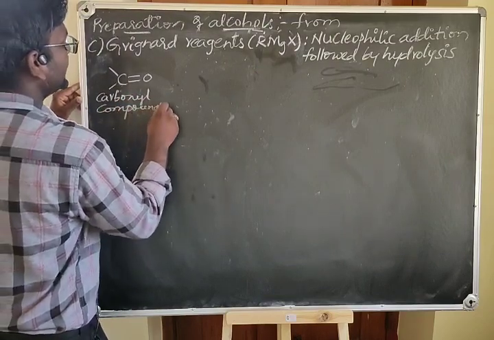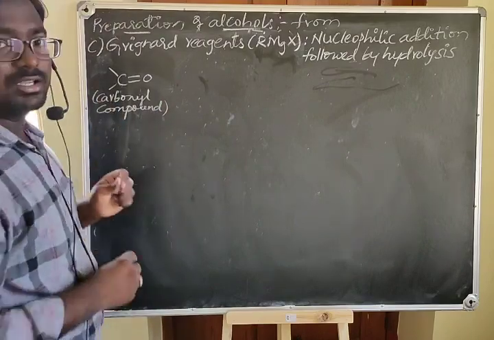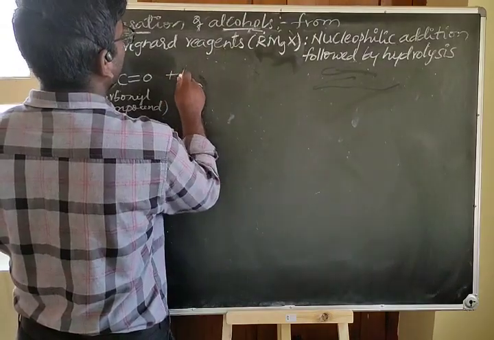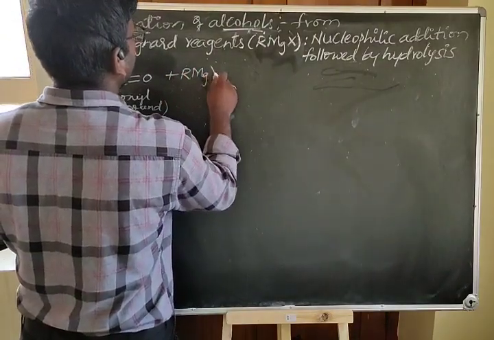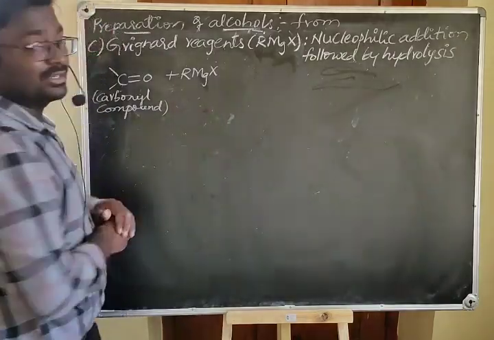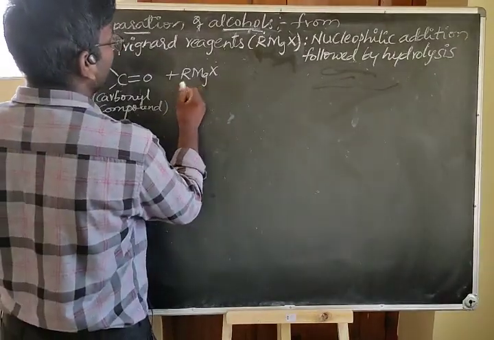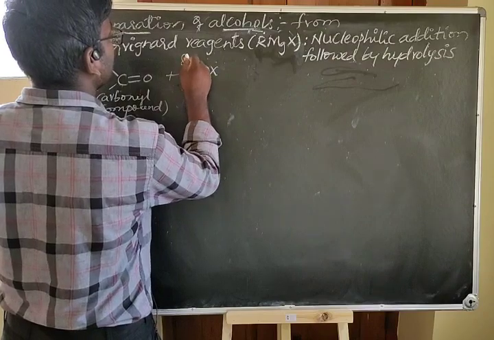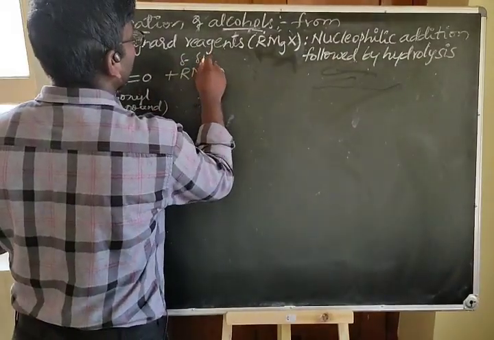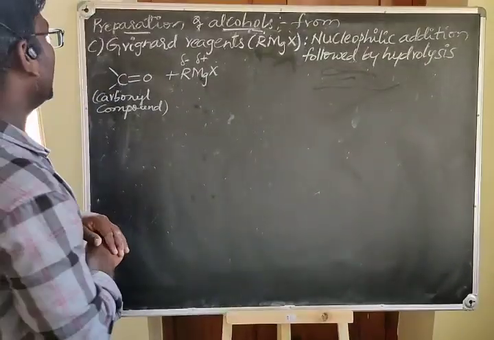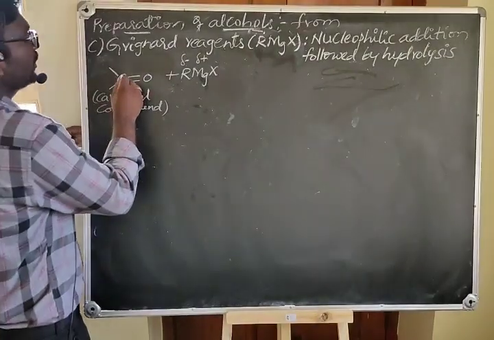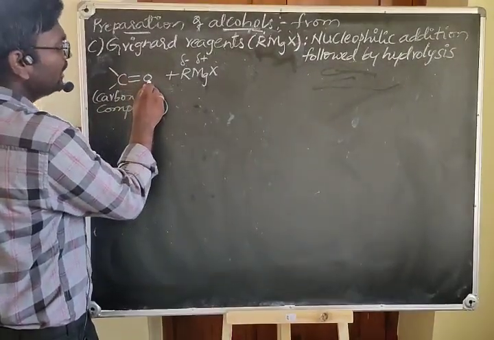Yes, when this carbonyl compound is treated with the Grignard reagent, that is RMgX, here we have to consider two parts of this Grignard reagent. The alkyl part is electron rich, so this is delta minus, and this metallic part will have delta plus. And in the carbonyl compound we have a carbonyl carbon and carbonyl oxygen.